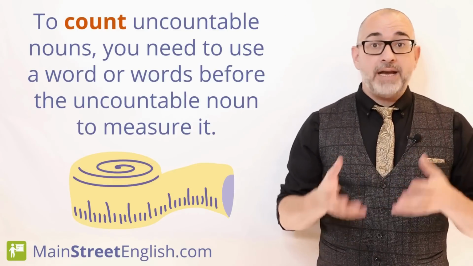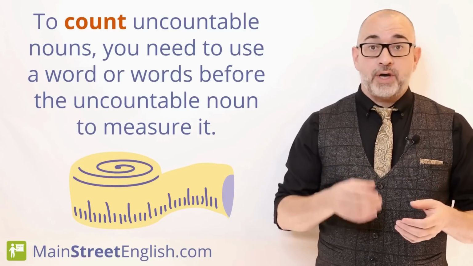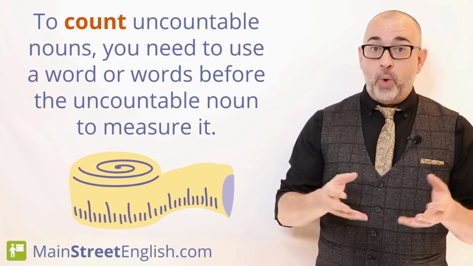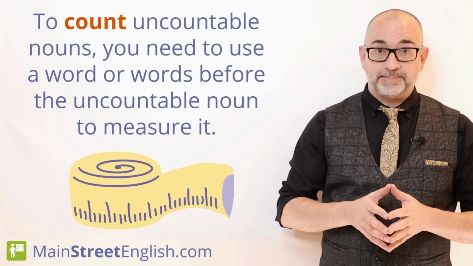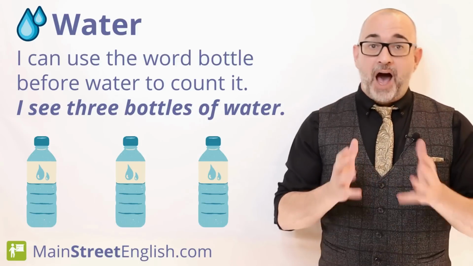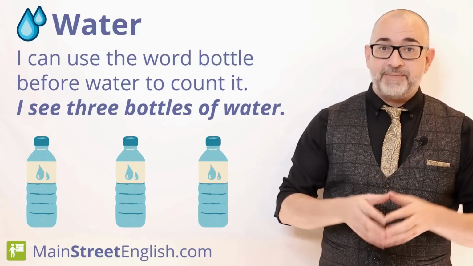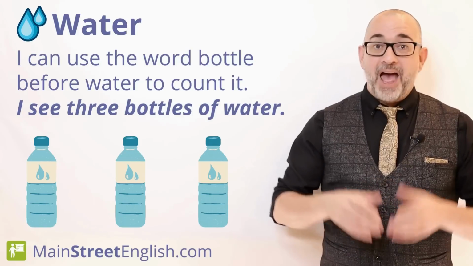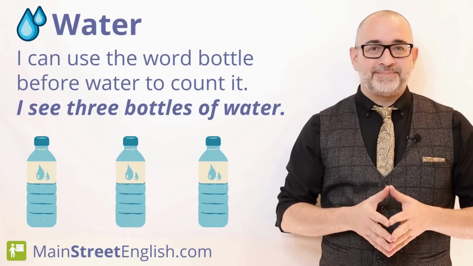To count uncountable nouns, you need to use a word or words before the uncountable noun to measure it. For example, water. I can use the word bottle before water to count it. I see 3 bottles of water.